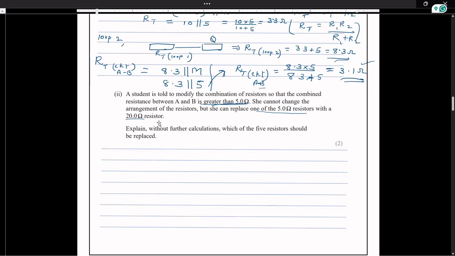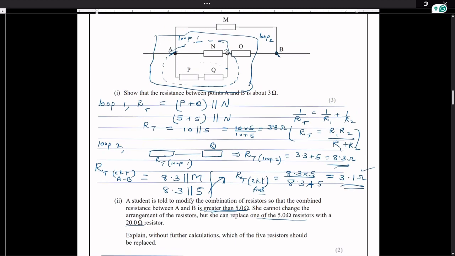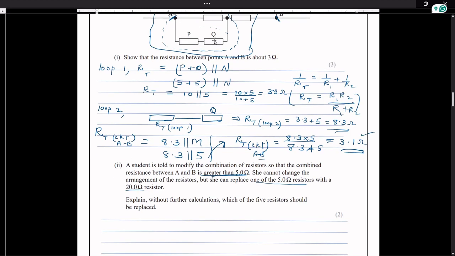We have a parallel combination in loop 1, and in loop 2 we don't have, but in loop 1 we have a parallel combination. So if you replace any of these 5 ohms in the inner loop with the 20, the resistance value will still decrease. Therefore, the total resistance also will decrease between A and B.